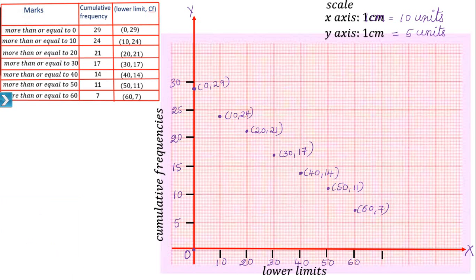Now join the points with a smooth hand curve. This curve is called more than type ogive or more than type cumulative frequency curve.